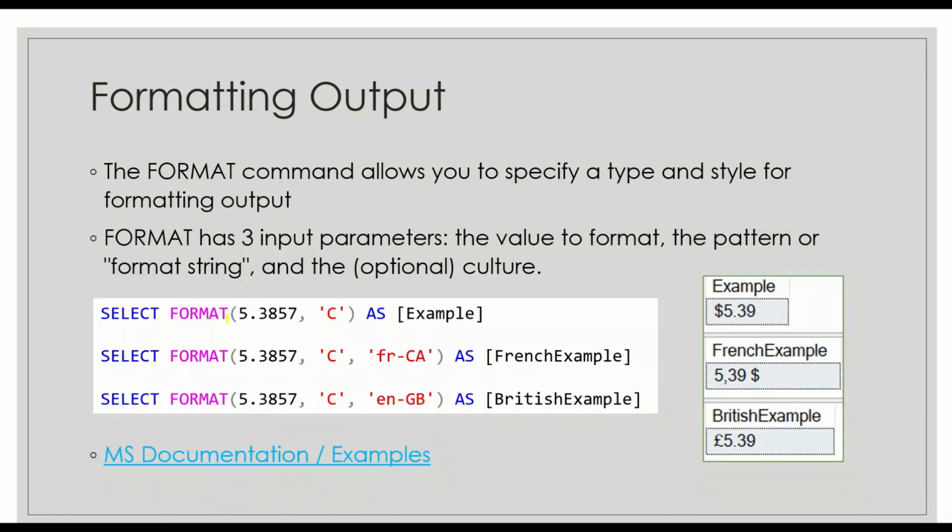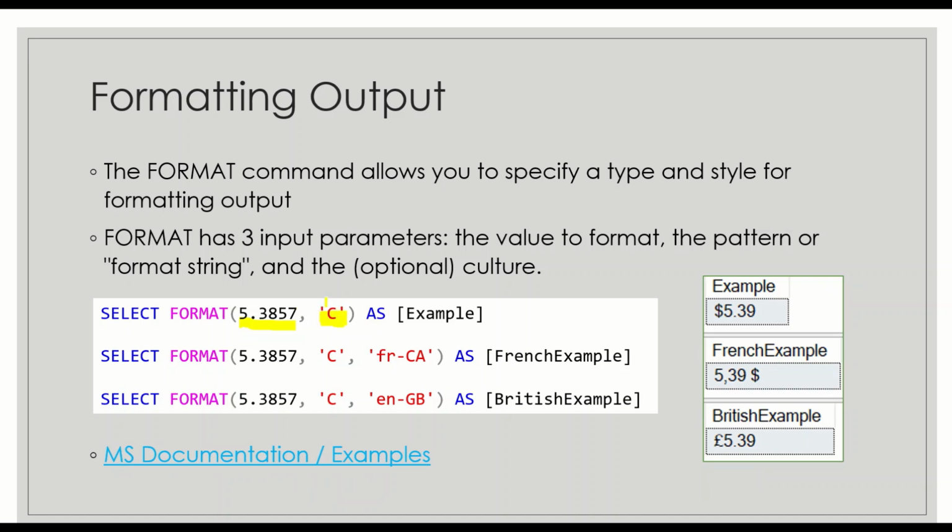So the format function has three parameters. The first one is the value that you're formatting. Now this could be a literal value, it could be a variable, or it could be a database table column name. The second parameter is the pattern, or we call that the format string.